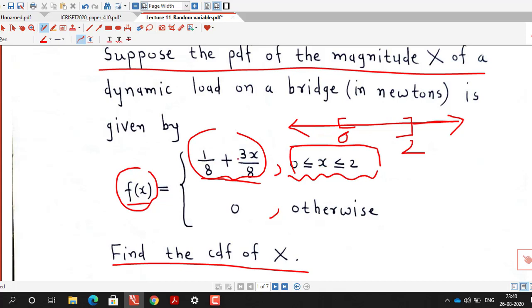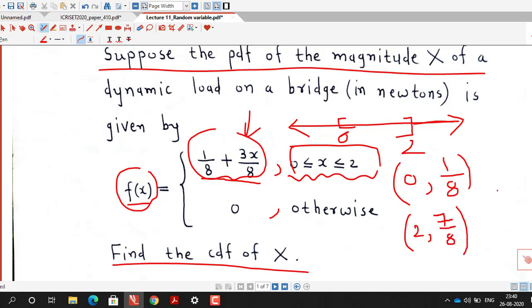If we put x equal to 0, we obtain 1 by 8, so the point is 0, 1 by 8. If we put x equal to 2, we obtain 1 by 8 plus 6 by 8, that is 7 by 8. So these are the 2 points on this line.